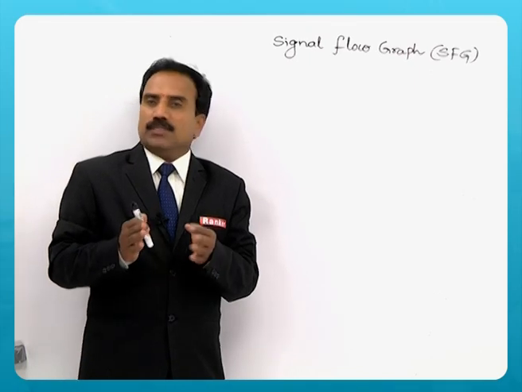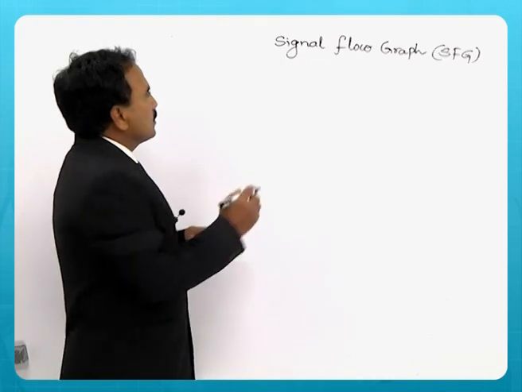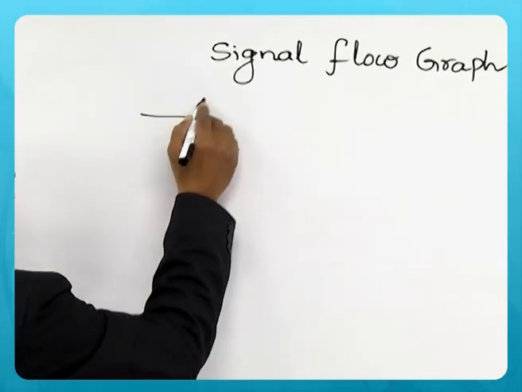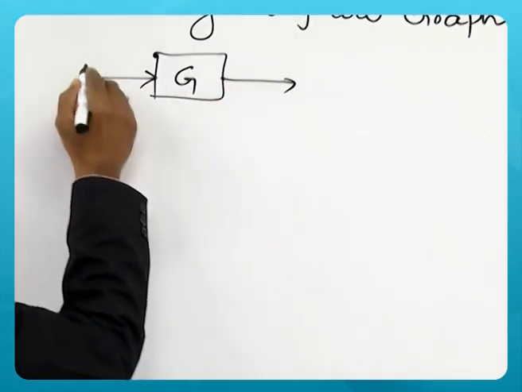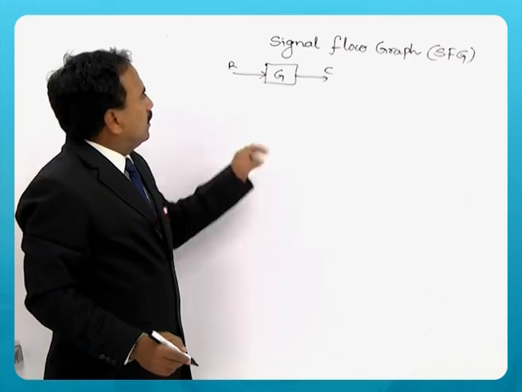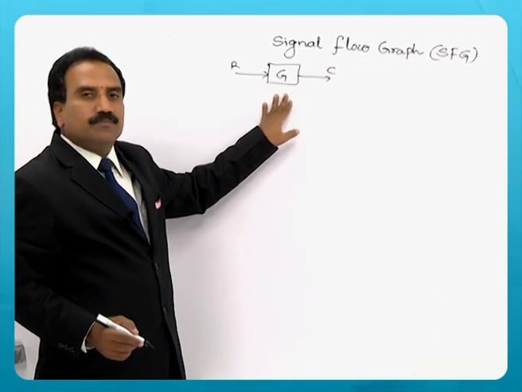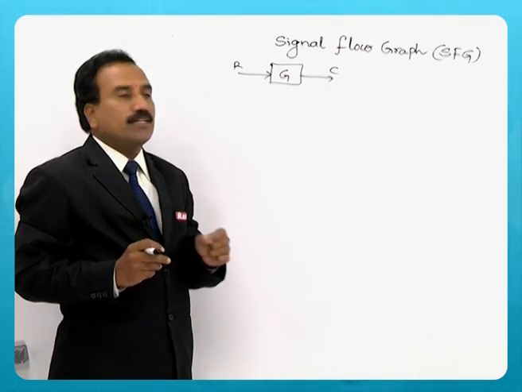It is a graphical representation of a system. It consists of only nodes and branches. For example, if you consider a block G, say this is R, this is C, output. As we have discussed in the block diagram, block represents functional description of that component.